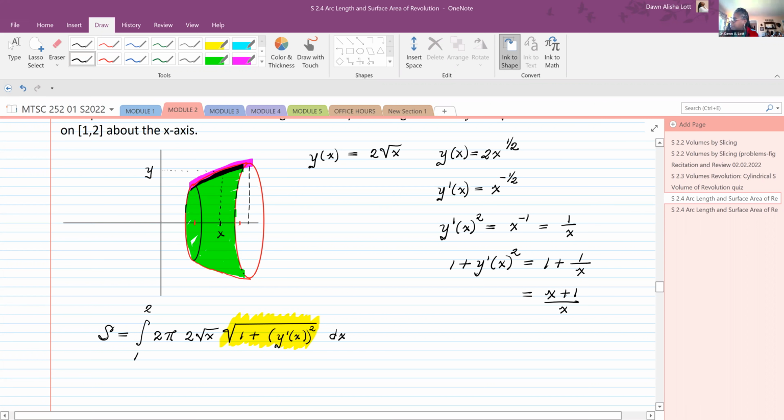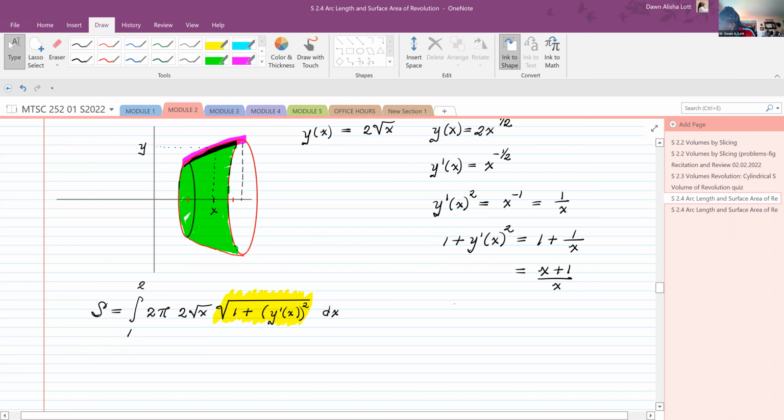Okay, and then I can take the square root of it. So the square root of 1 plus y prime squared is just the square root, there's nothing special about it, of x plus 1 over x.